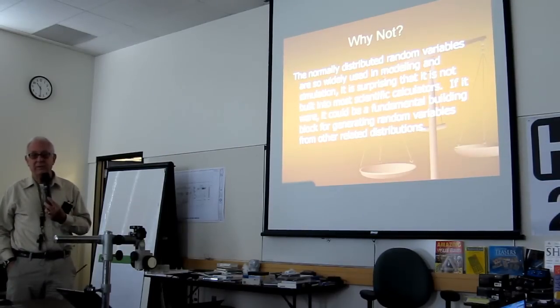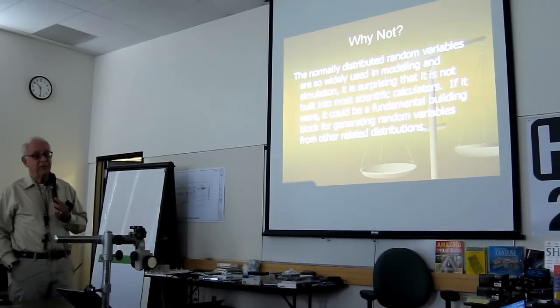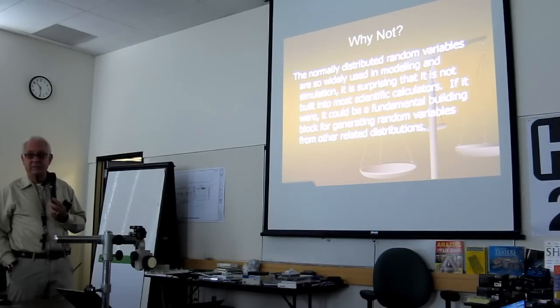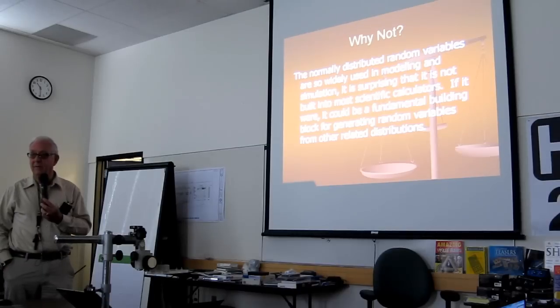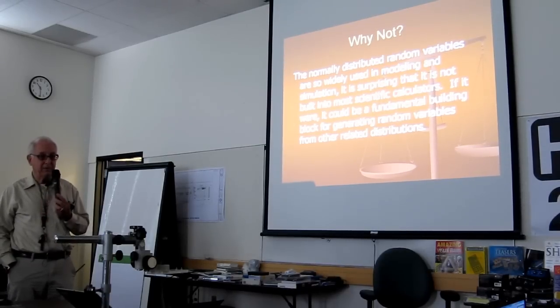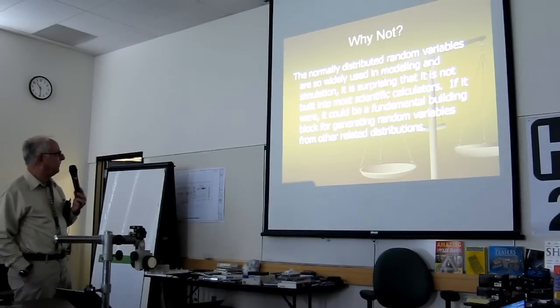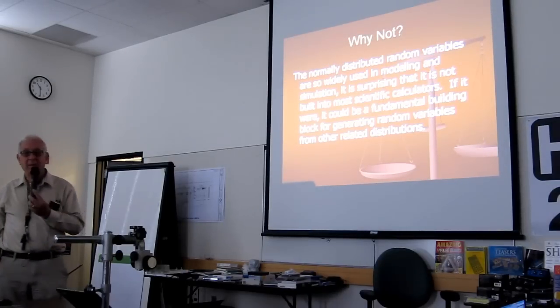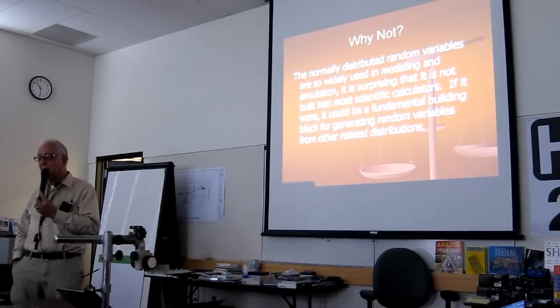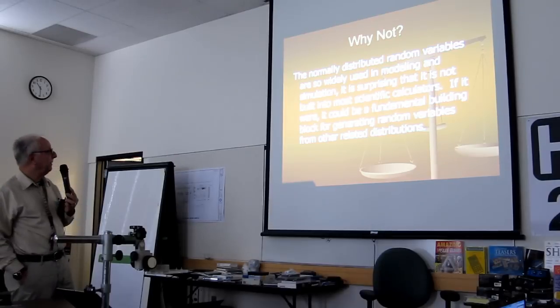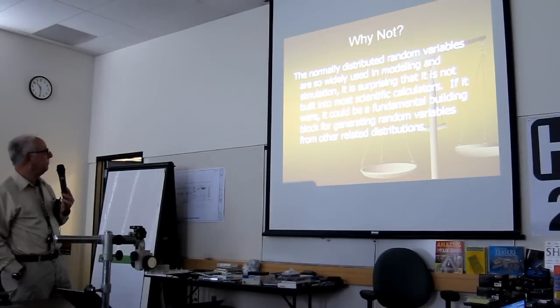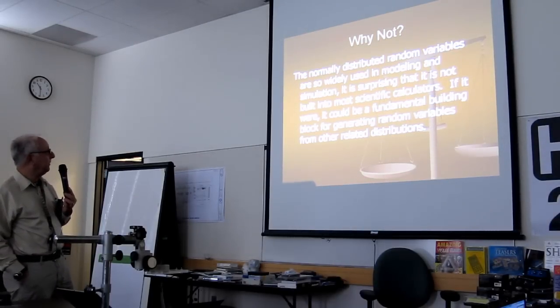The normal distribution is used for generating other distributions. For example, the chi-squared is just the sum of squares of normal distributions. What is it? The F distribution. All the basic distributions of mathematical statistics can be built if you can easily get normal distributions.